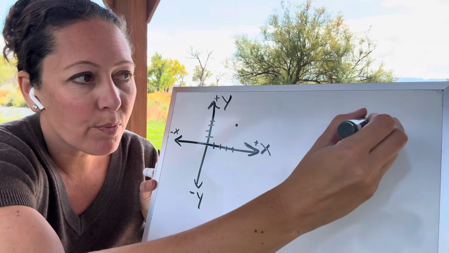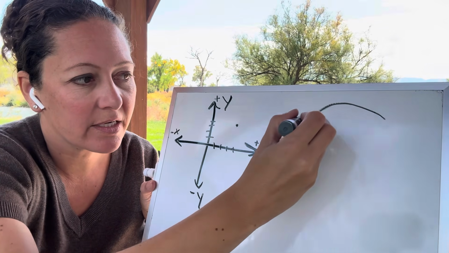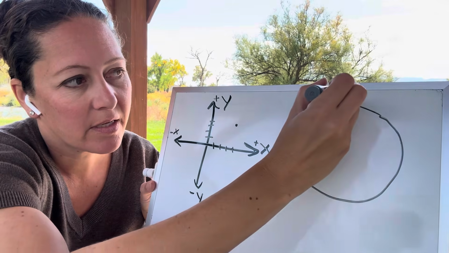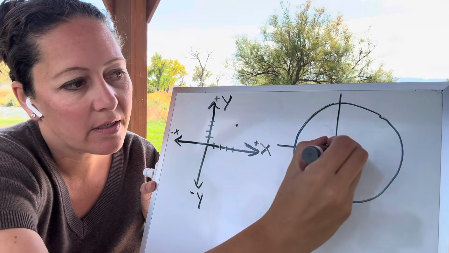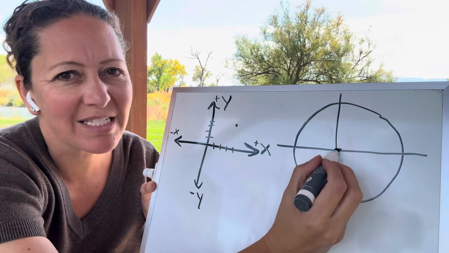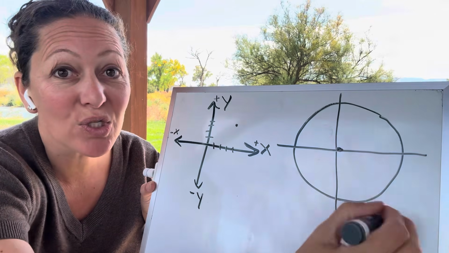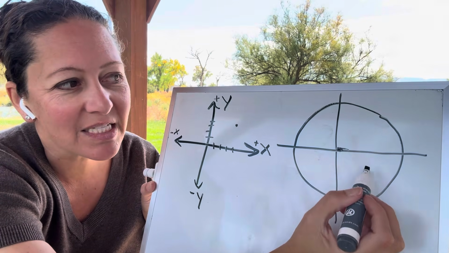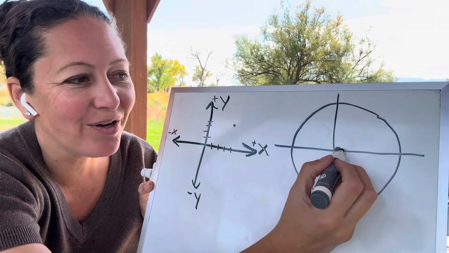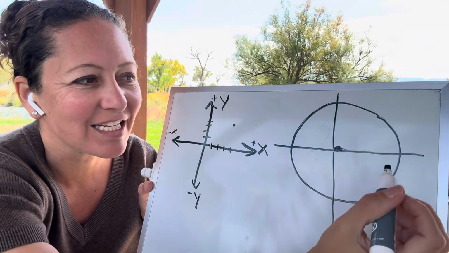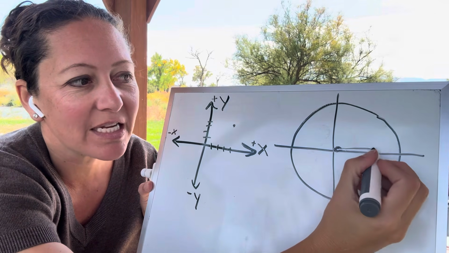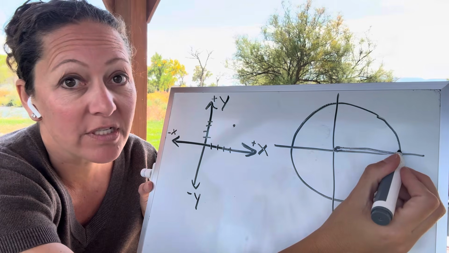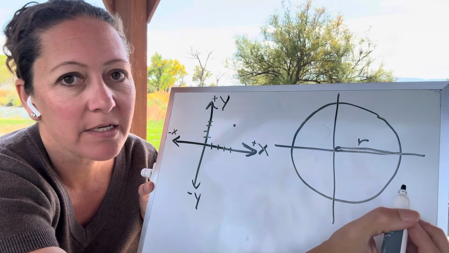On the polar coordinate plane, okay, this is meant to be the center of my circle. So I have a circle, and this is meant to be the center. I don't think I drew that very well, but pretend that's the center. The distance from the center to the circumference of my circle is my radius.